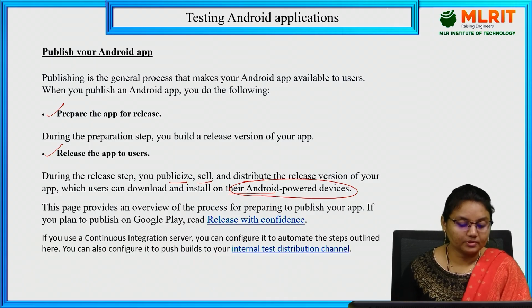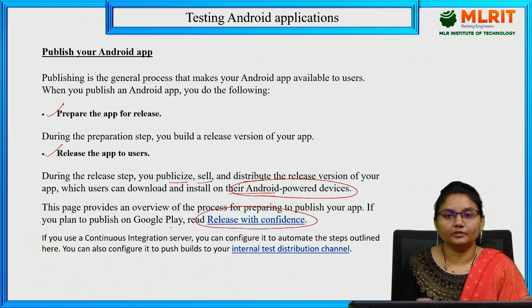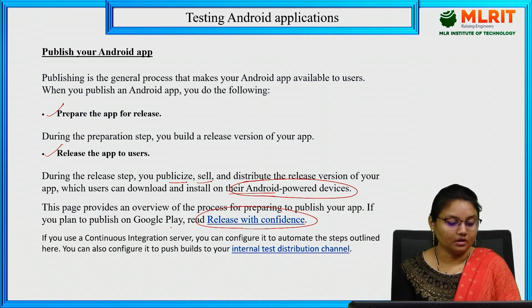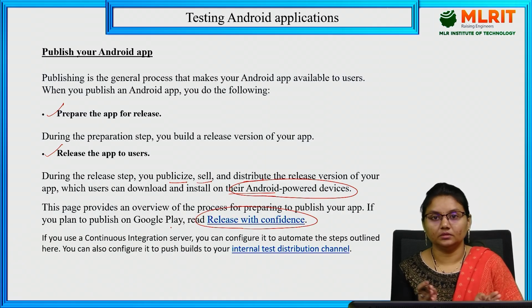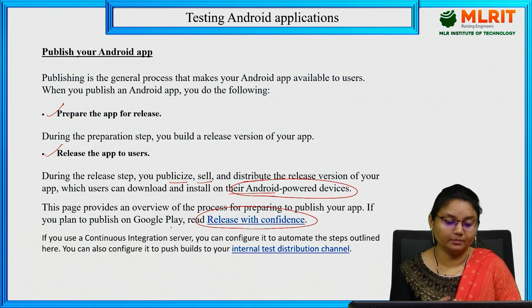So this page provides an overview of the process for preparing and publishing your app. If you plan to publish on Google Play, you go to Google Play and there are some links given. Release with Confidence is a link that you can click on to know how the process for preparing your app for publishing is defined.